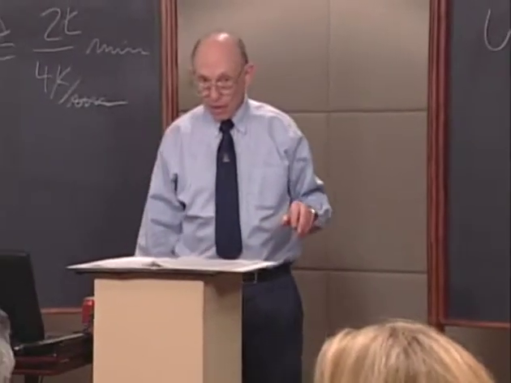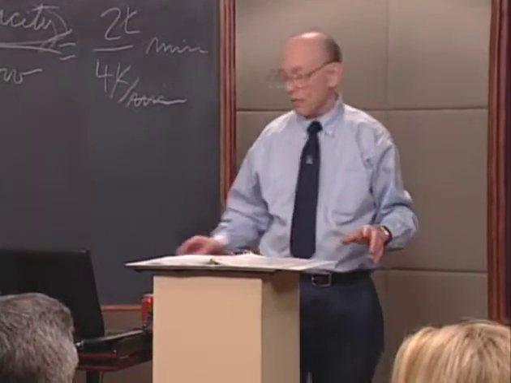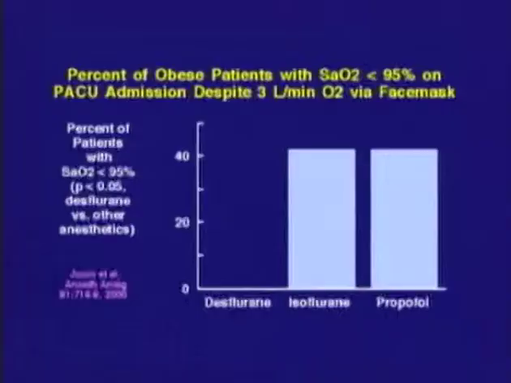A more rapid recovery, as we said earlier, may be important for several reasons, one of which is safety. And that's illustrated in Juven's study in terms of the saturation that the patients had, saturations being divided between those that were above 95% and those that were below 95%.